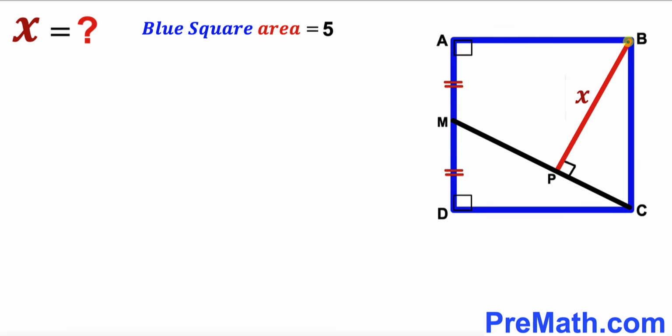Moreover, segment BP is perpendicular to side MC, and the length of BP is represented by X. Furthermore, the area of this blue square ABCD is given as 5 square units. Our task is to find the value of X, in other words, the length of segment BP.